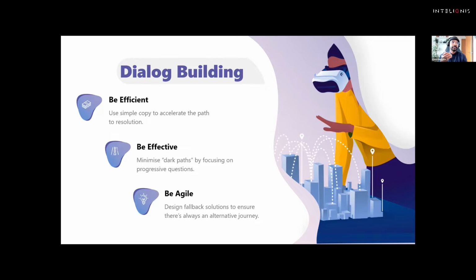We want the consumer to feel a constant sense of progress, and focusing on progressive questioning and the general language that you're using can help you to achieve this. And finally, and this has been mentioned a bit earlier on, agility is absolutely key. So in the event that progress does stagnate, be prepared to pivot.